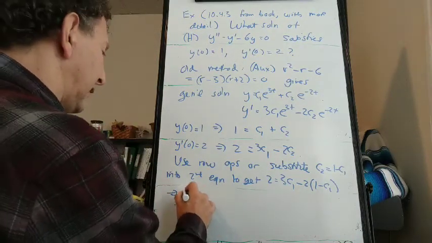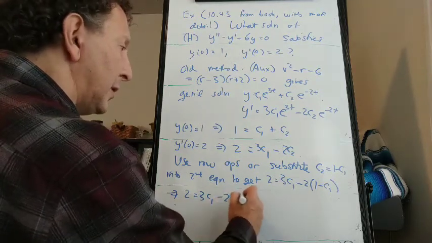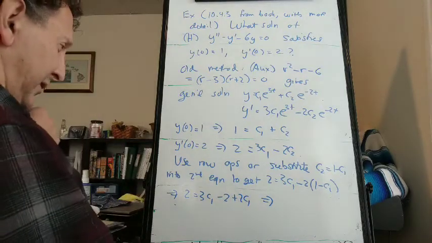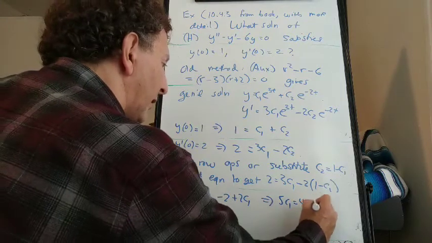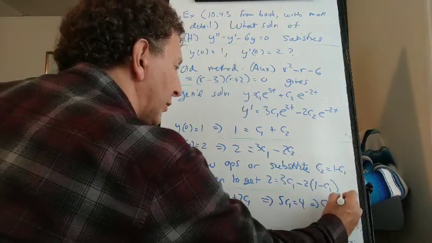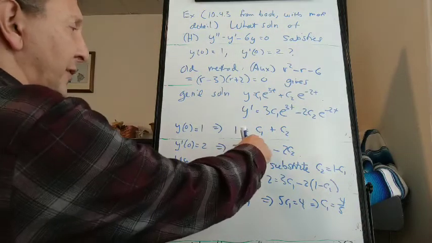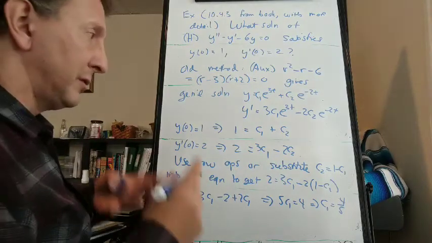Which tells us that 2 equals 3c1 minus 2 plus 2c1, which tells us that 5c1 equals 4, or in other words, c1 equals 4/5. And if c1 is 4/5 and c1 and c2 add up to 1, then c2 is 1/5.